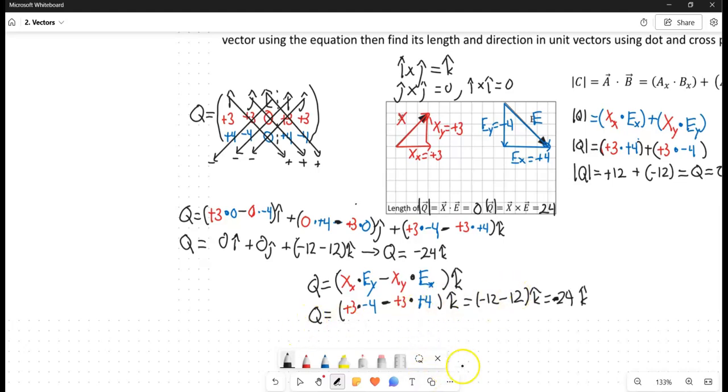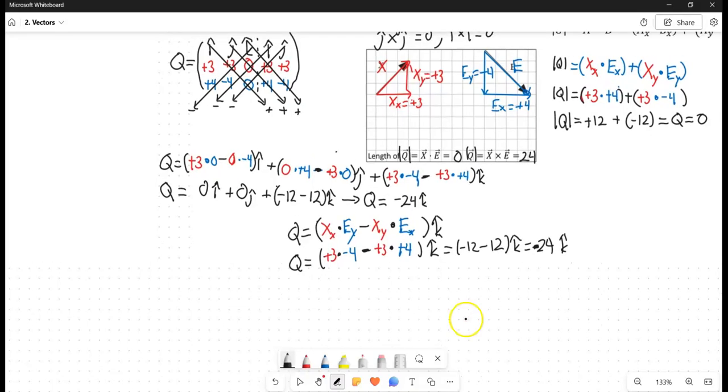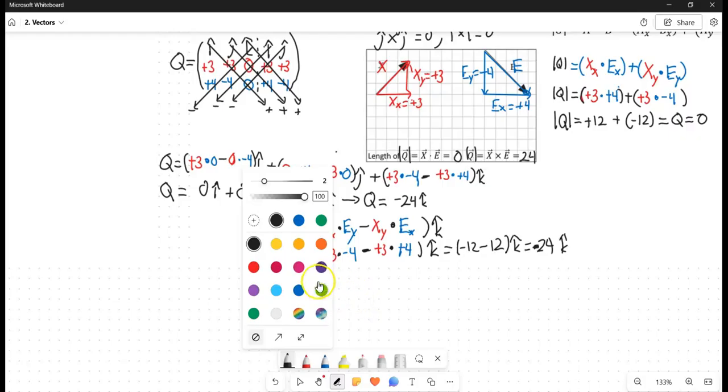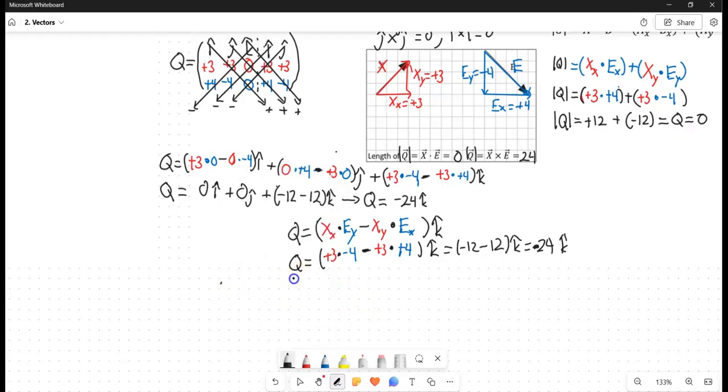Had we started with blue first, we're going to get the exact same thing. So let me show you. We're going to go with the blue first. So let's start over here.